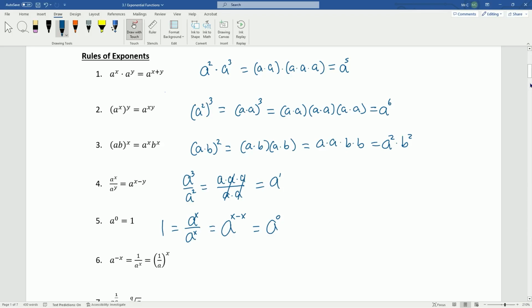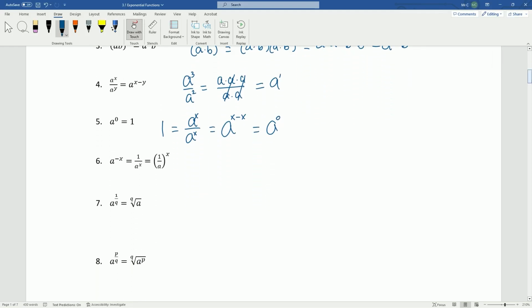Okay, so let's go ahead and look at these next few properties here. Now we've got a to the negative x equals 1 over a to the x power, which is the same thing as 1 over a all to the x power, because 1 to the x is 1. So how do we get this law? In other words, negative exponents give us the reciprocal. Well, that actually comes from combining laws 4 and 5.